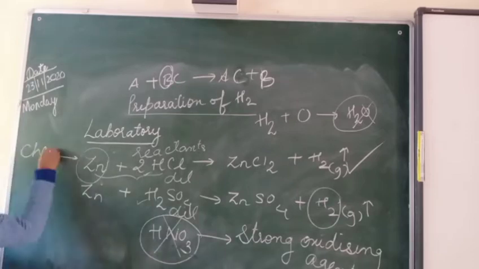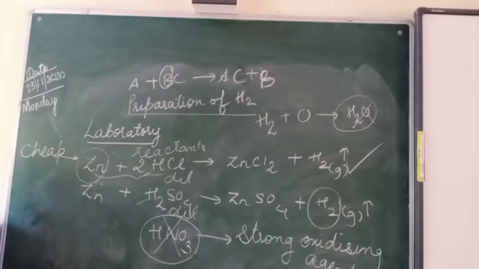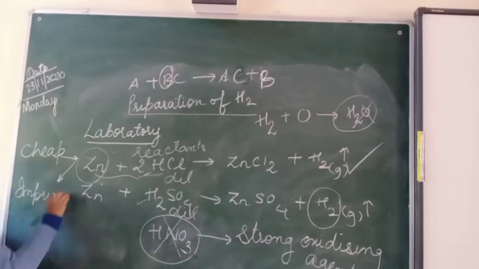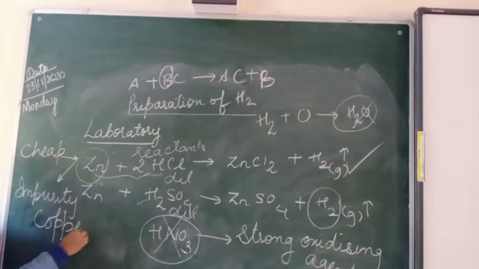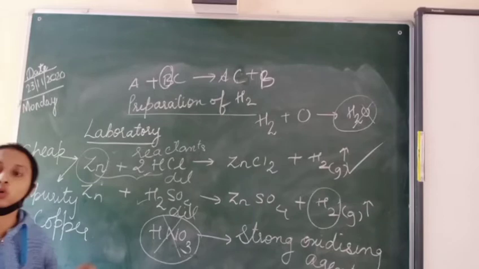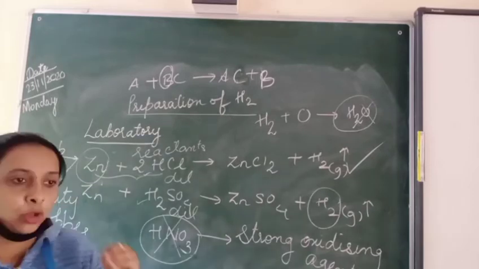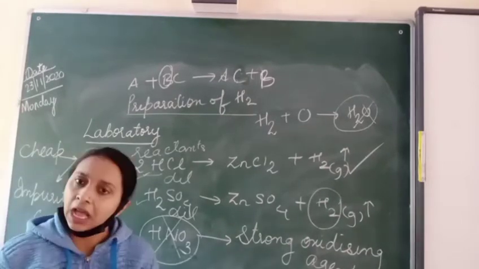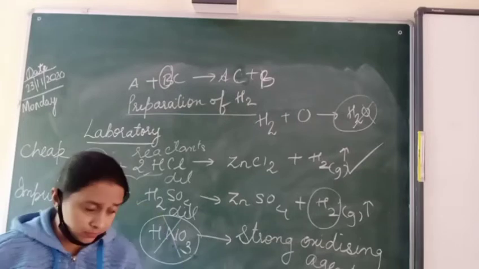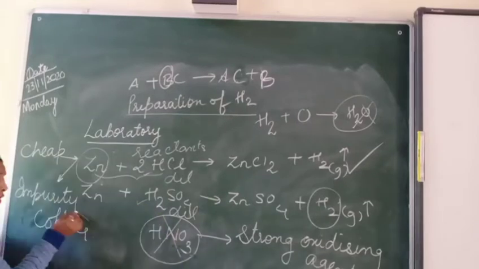The next reason is that zinc comes with an impurity, and that impurity is copper. So why we prefer this is because copper will act as a catalyst in the reaction.